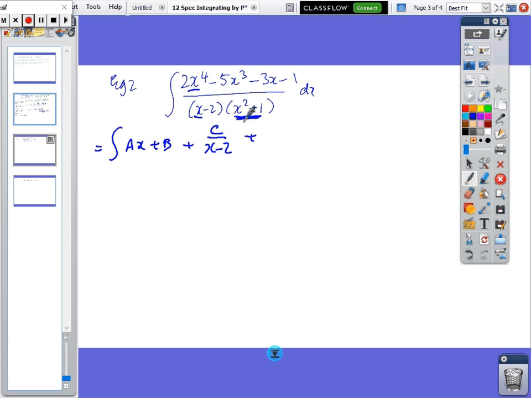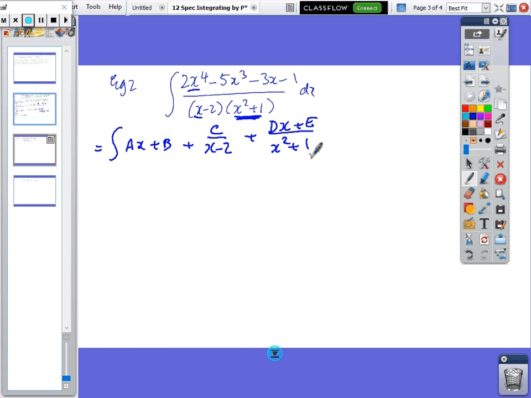Now, because this one here has a squared, we have to allow for the fact that it could be this. So it's not going to be a whole number, it could be some part of an x as well.